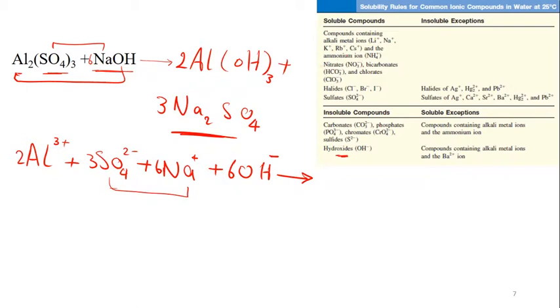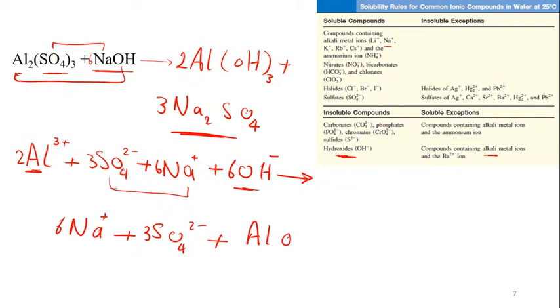From here I could see that all sulfates are soluble and all alkali metals are usually soluble, so I will have also 6 Na plus and 3 SO4 on that side. But if I look here at aluminum hydroxide, all hydroxides are insoluble except for alkali metals, and aluminum is not an alkali metal. This is why it will be aluminum hydroxide, and in that case it will be a precipitate.